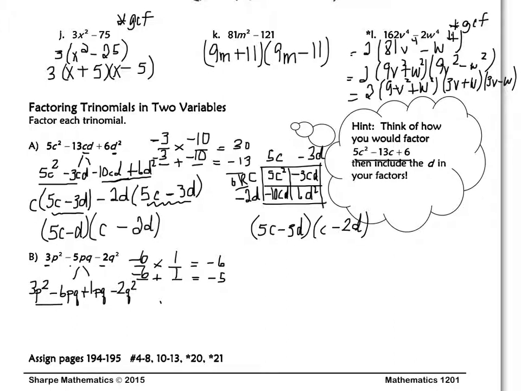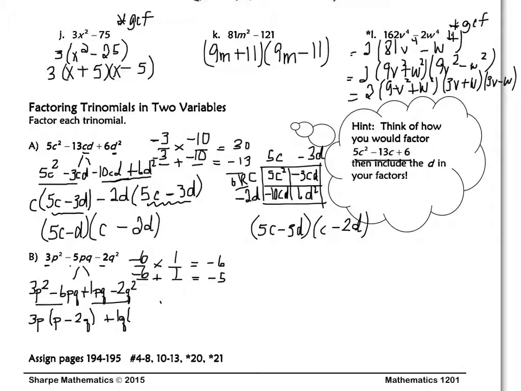And then you group, and you take the 3 and the p as the GCF of the first group. You're going to be left with p minus 2q. And then the next group, there's nothing in common, so you just take out a 1. No, there's a q in common, sorry. So you take out the 1q, or just q.